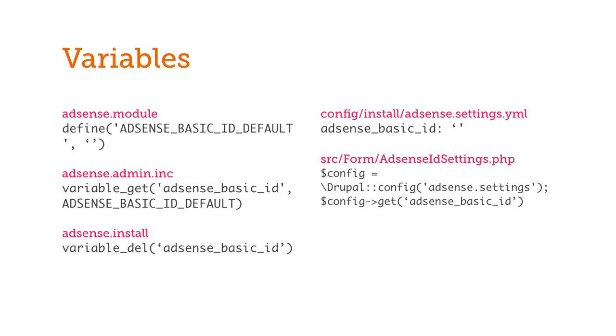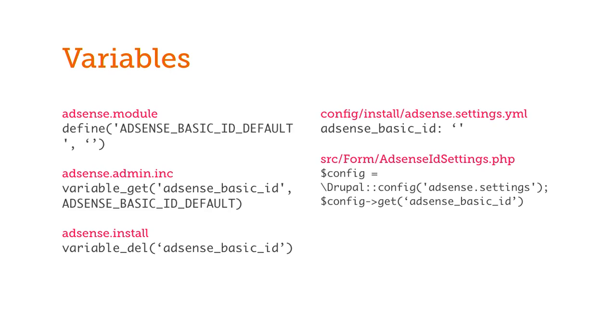Maybe even in Drupal 6, if it's a site that was upgraded from 6 to 7. And those variables are just junk in there. So those days are gone. Now it's the YAML file that contains both the definition of your variable and the default value.